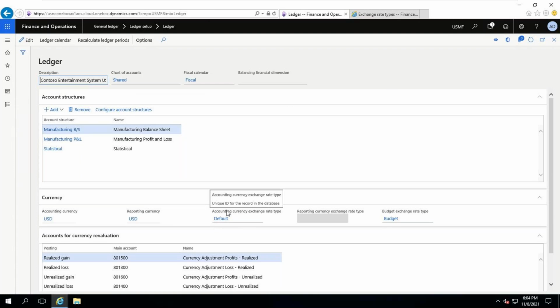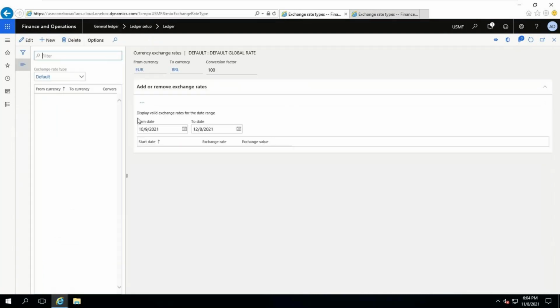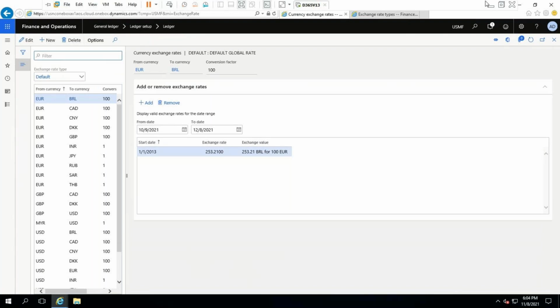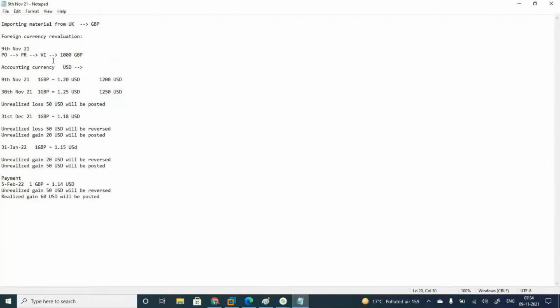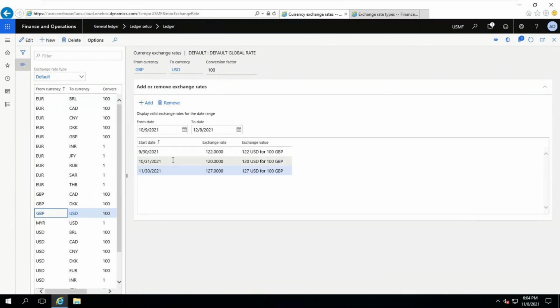Okay, now in the default exchange rate type, if I go to exchange rates, let me map the exchange rates we have just discussed in the foreign currency revaluation. So GBP versus US dollars. On 31st October, it is $1.20.